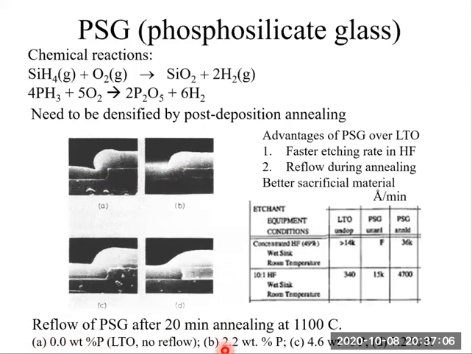Figure B shows 2.2% phosphorus. Figure C, 4.6%. Figure D, 7.2%. And we can observe that as the phosphorus concentration increases, the reflow becomes more significant.